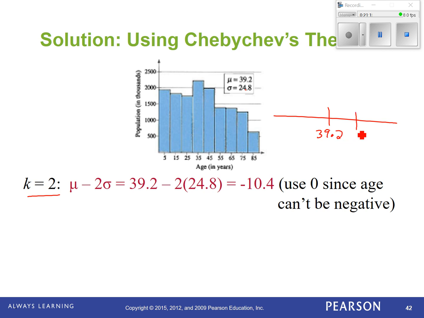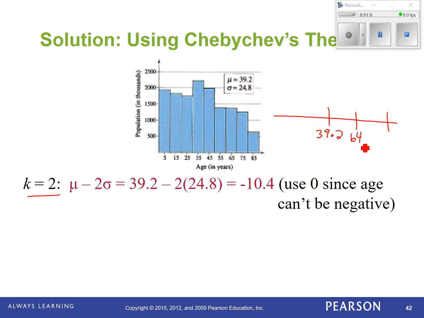If I add 24.8 to there, and add another 24.8, I'll grab my calculator. 39.2 plus our standard deviation, which is 24.8, is 64.